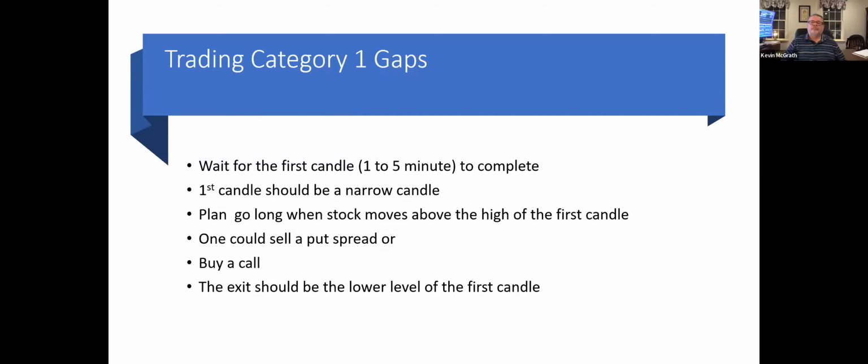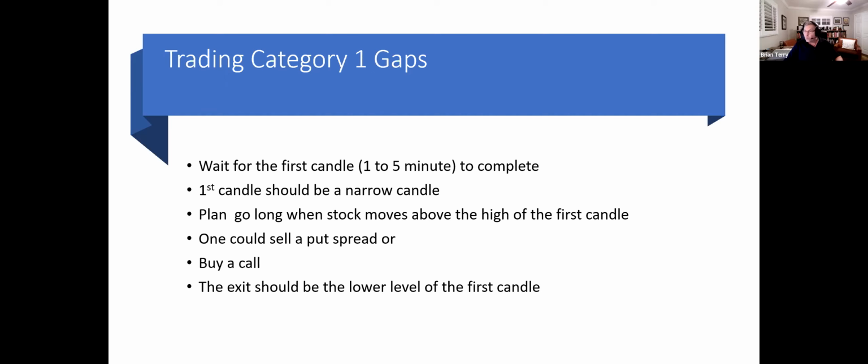So, on trading category 1 gaps, the system that was explained by this author, and you could take this and modify it to your own style, is that he waits for the first candle to be finished, and he was talking about a 1 minute candle. I changed 1 minute to 5 minutes.